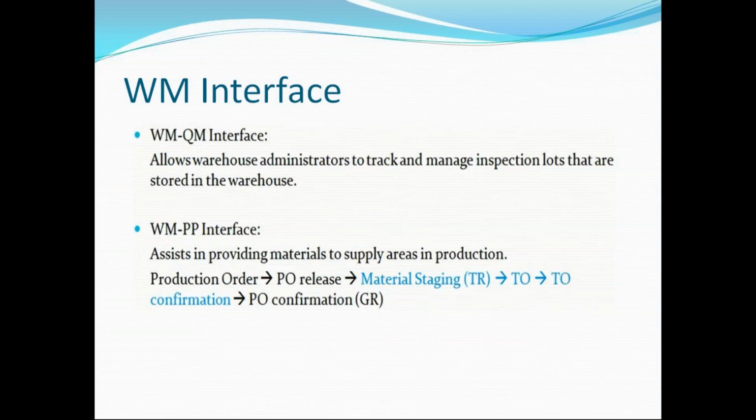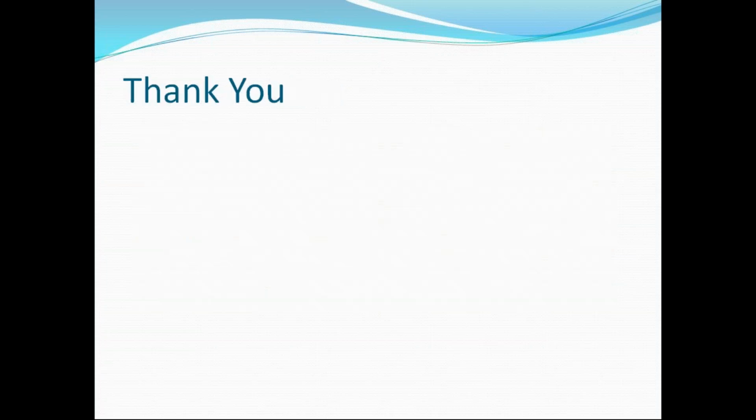After the release, there will be a TR creation so that material will be provided for production. Then the TO will be created, so the material will be pulled from the warehouse and the confirmation will be done. Then the production order confirmation, that means the goods receipt confirmation, will happen. So in this process also, the WM movement happens first, then the IM movement happens.